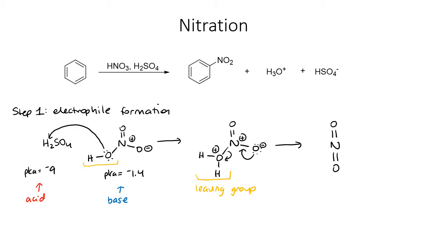And the result of this step is our super strong electrophile known as a nitronium ion. So after we formed our nitronium ion, now it can react with a benzene ring. The benzene will attack the nitrogen and kick up the electrons onto either one of the oxygen atoms.